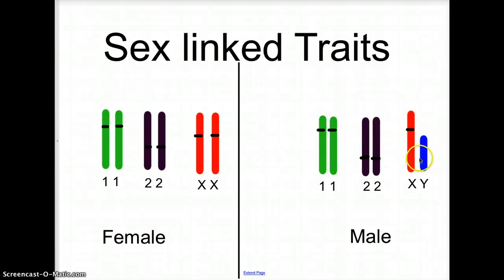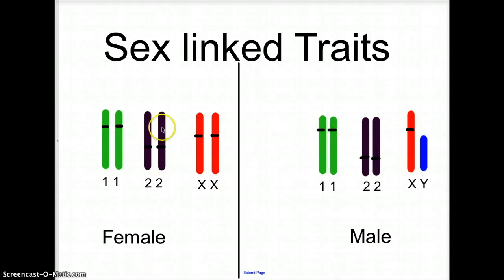That's really different because in past Punnett squares, you'd have a dominant and a recessive, and the dominant would win. Here, if you have just one recessive trait, it'll win out because there's no dominant one to take over.